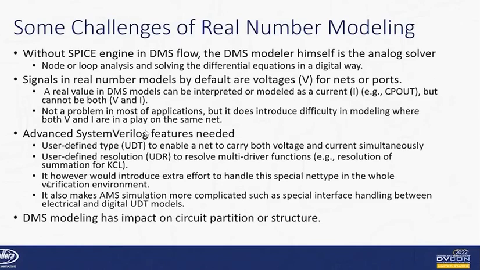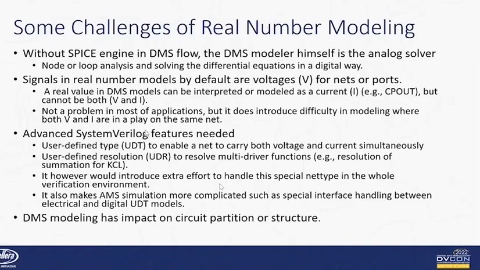But using advanced features like this definitely introduces some extra effort, because DMS modeling is not easy by itself, right? So we have to handle all these special data types in the whole environment. For example, it makes the AMS simulation more complicated when, say, we put the model together with the electrical, like a schematic.